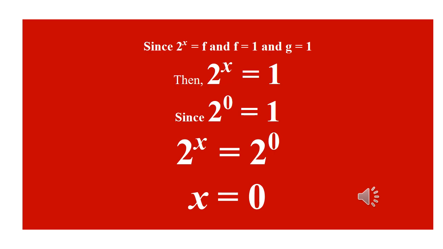So we have 2 raised to power x equals 1. Now, since 2 raised to power 0 is equal to 1, in order for them to have the same base, we have 2 raised to power x equals 2 raised to power 0. That 2 raised to power 0 is still 1 there. So, since they have the same base now, we can cancel out the base and equate the power. Then we have x equals 0.